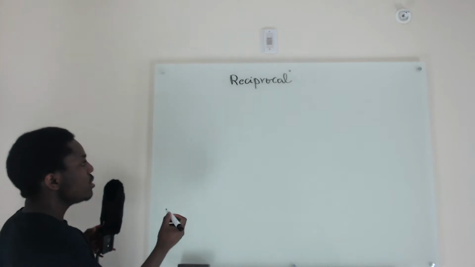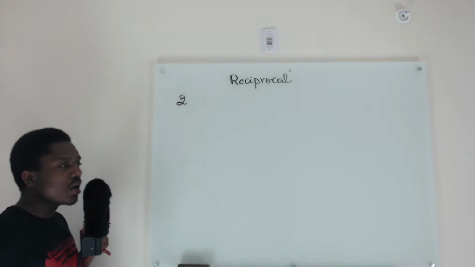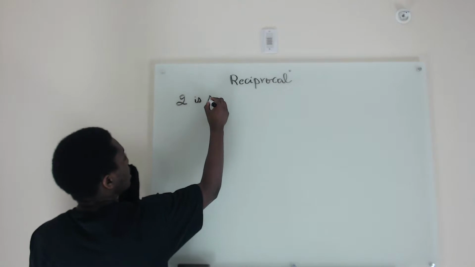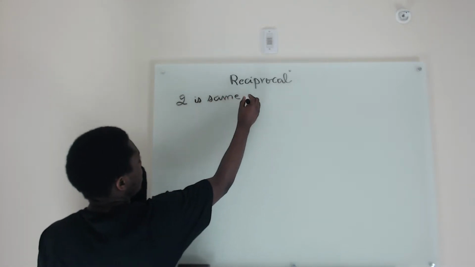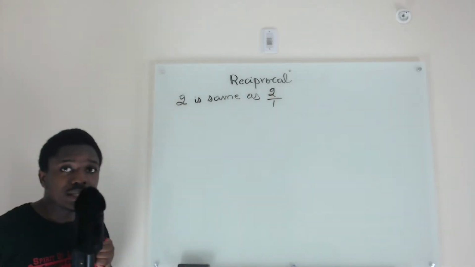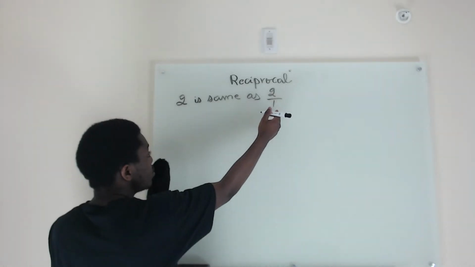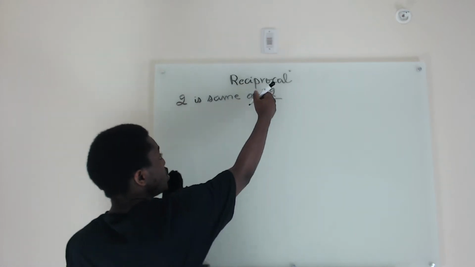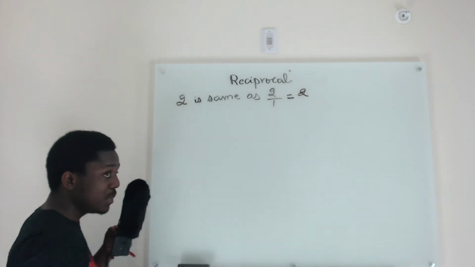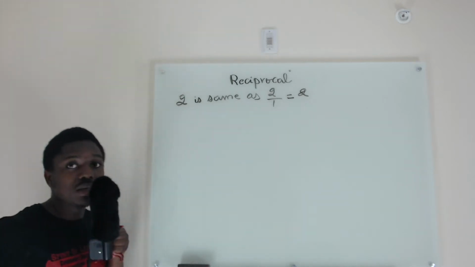So when you have the number 2, for example, 2 is the same as 2 divided by 1, right? Why? 2 divided by 1 is equal to 2. So which means I can write it either this way or this way.